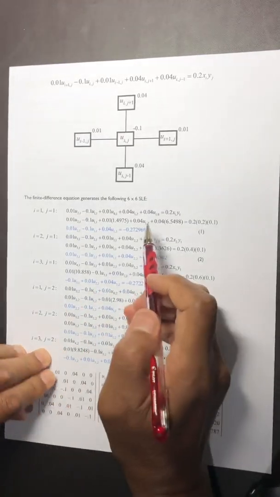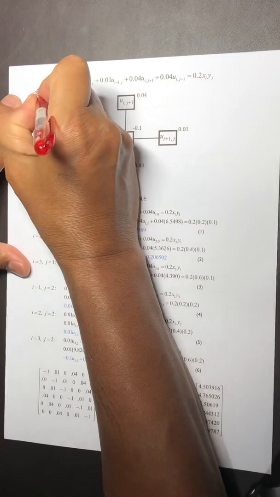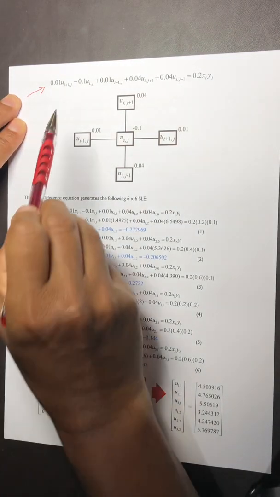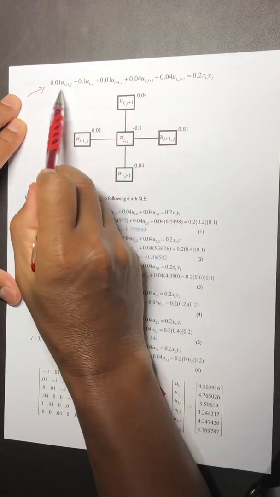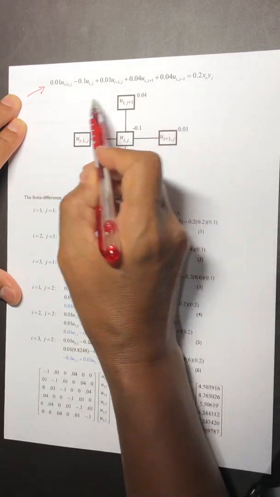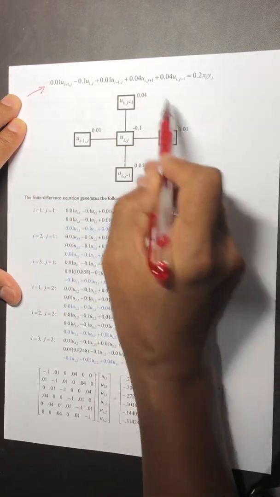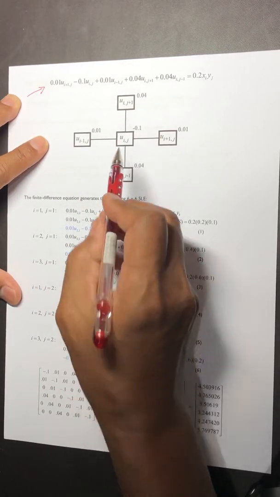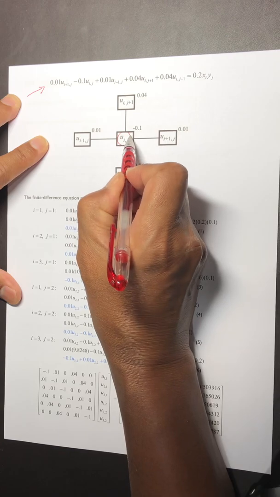Okay, so we start here. This is the finite difference equation that we obtained just now. If we look at this equation, we can draw a simple graph. We call it a molecule, where uij is right in the middle.